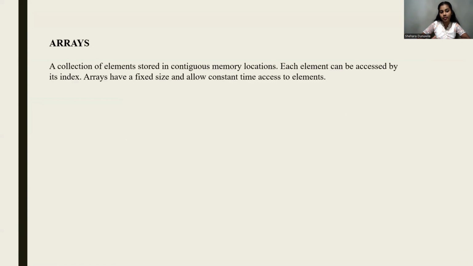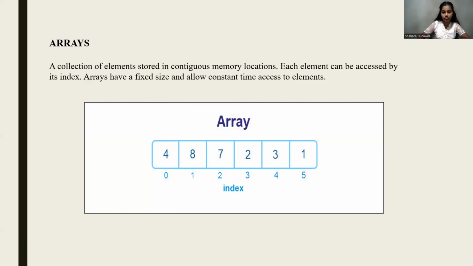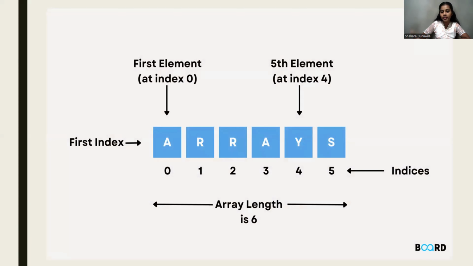This is the simple definition of arrays, and this is a simple example of an array. And these are the key characteristics of arrays: array length, first index, first element, fifth element.